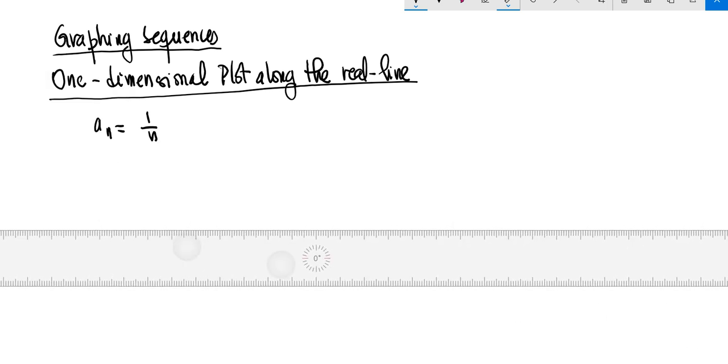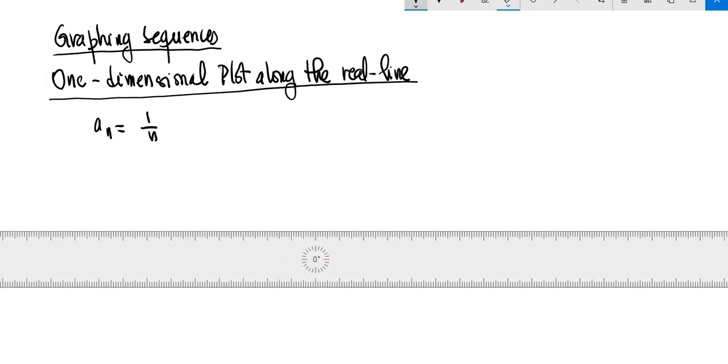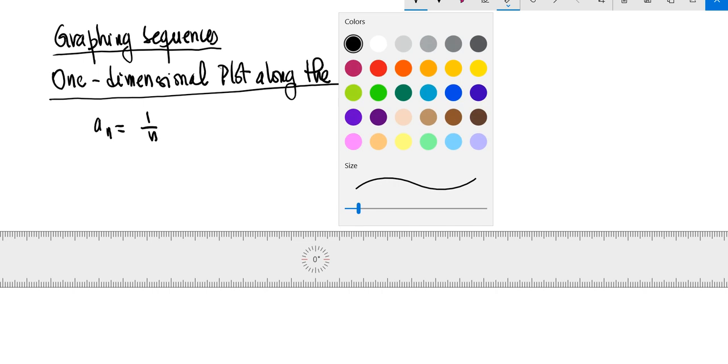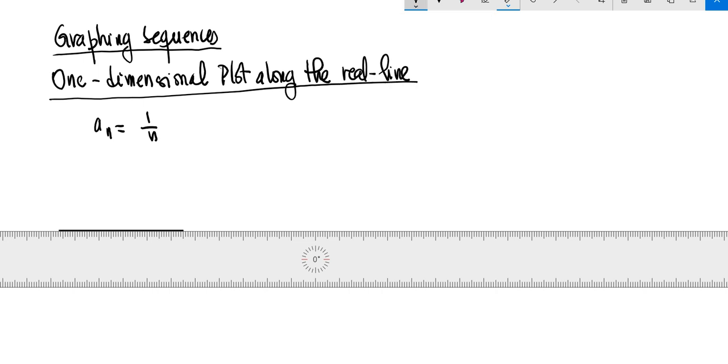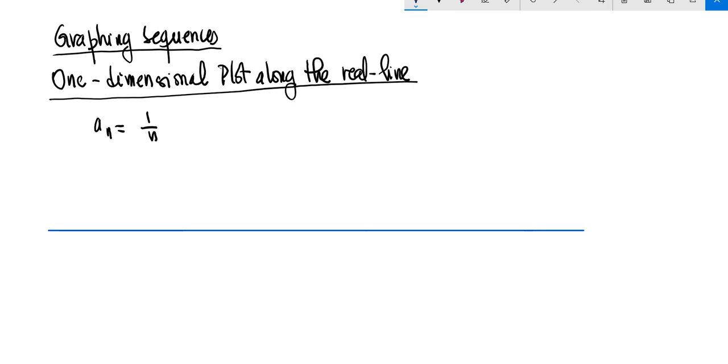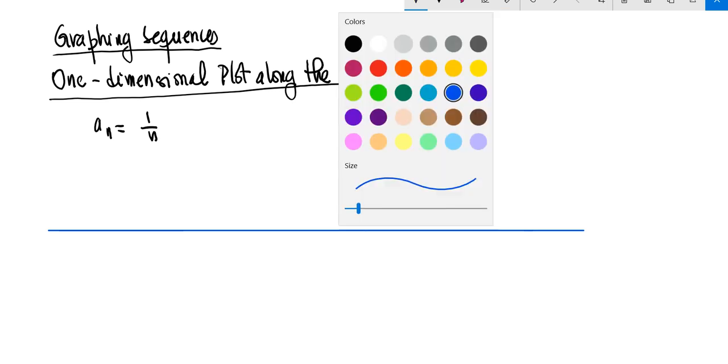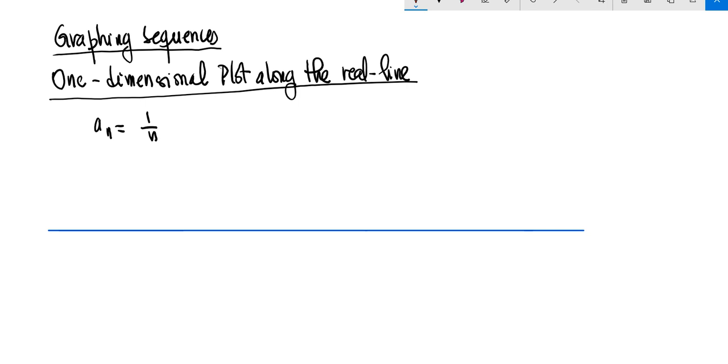Then one way to graph the sequence is to consider these terms as essentially numbers on the real line.